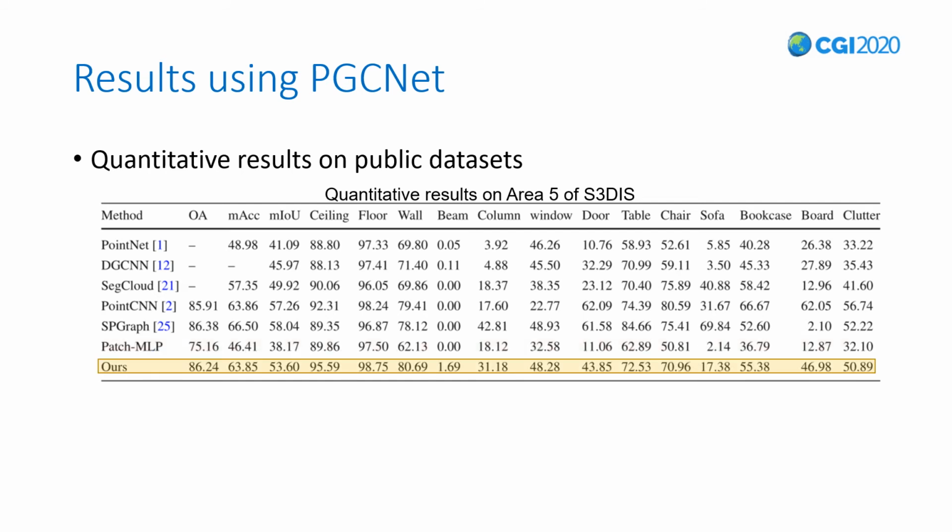The results also clearly show our PGCNet framework produces comparable segmentation results with a much faster training process. Notably, we perform particularly better on ceilings, floor, and wall, as well as objects that are not easy to distinguish from room layouts, such as bookcase and board.